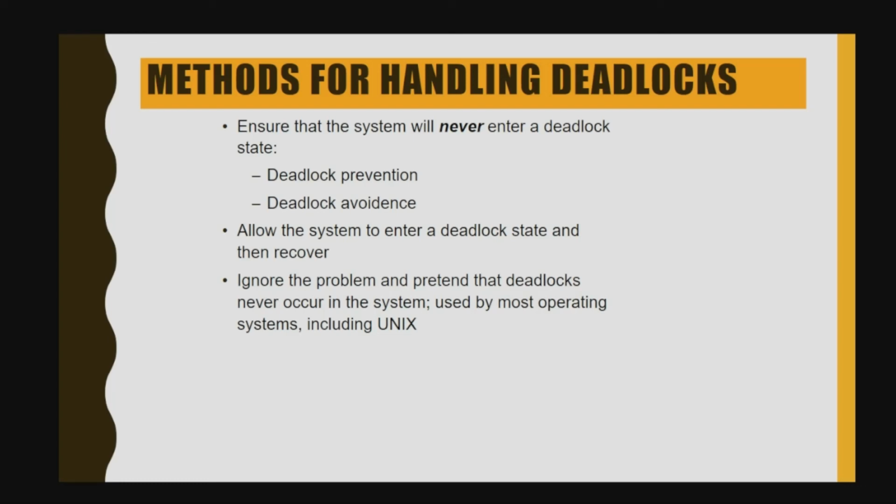First, we try to prevent. Second, we try to avoid. Another method allows the system to enter a deadlock state and then recover, or ignore the problem and pretend that the deadlock never occurred in the system, which is used by most operating systems including Unix.